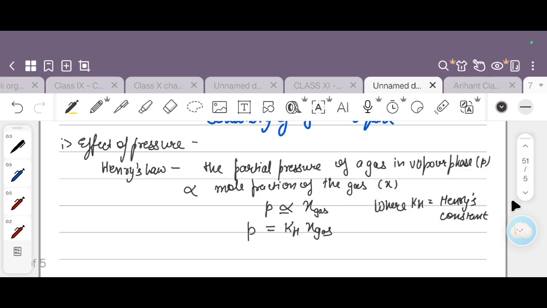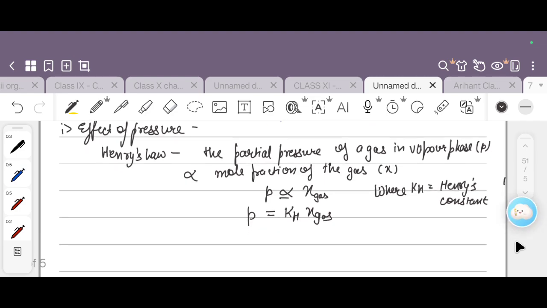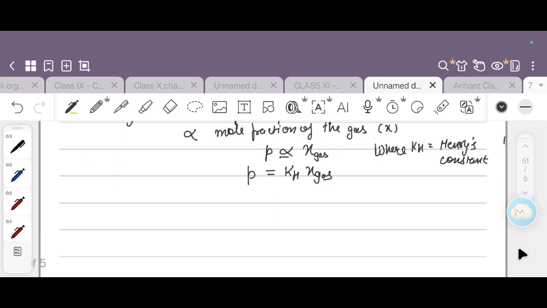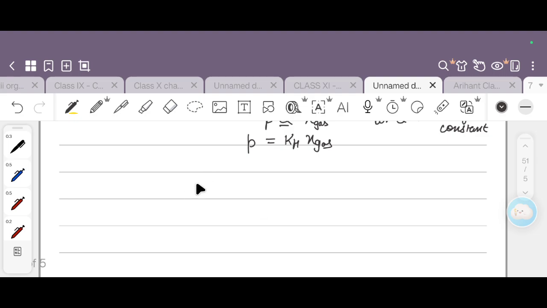Now what is the significance of this Henry's constant? For different gases at a particular temperature, the value of Henry's constant will be different.